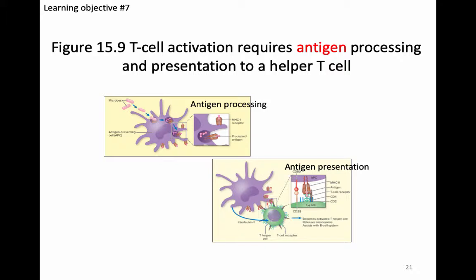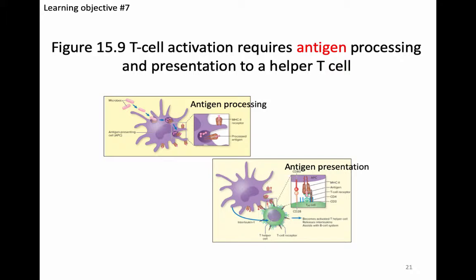Because this was an exogenous antigen, it will be presented on MHC2. That is all essential and has to be done before the T cell can recognize the antigen. So T cells only recognize antigens that have been processed and presented on MHC1 or 2.